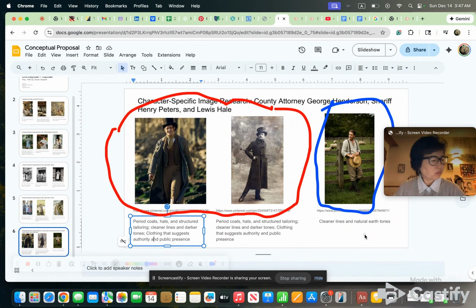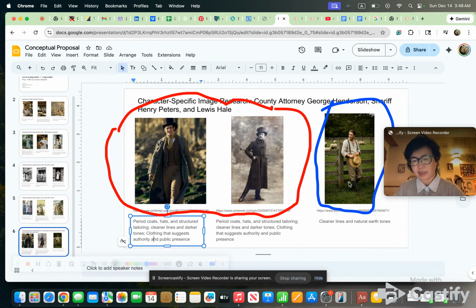He is just a farmer and a middle-class person, but as a man in a male-dominated society, he wears clean lines, and you can see his outfit is working class, but with clean lines and natural earth tones.